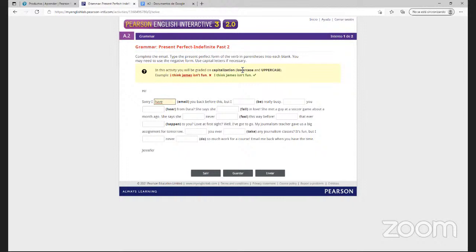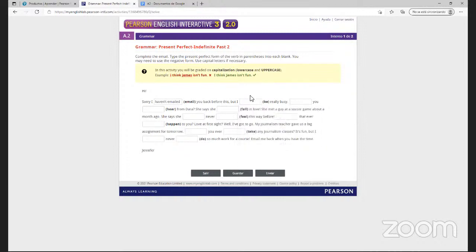Yes, because it's a sorry, right? So how can I take the apostrophe here? Email, right? This is right. Yeah. This is the past participle.